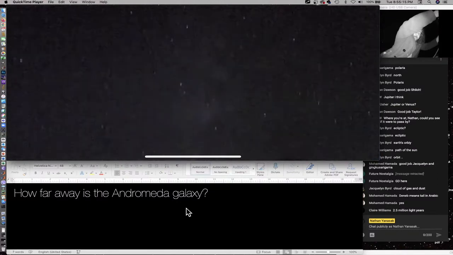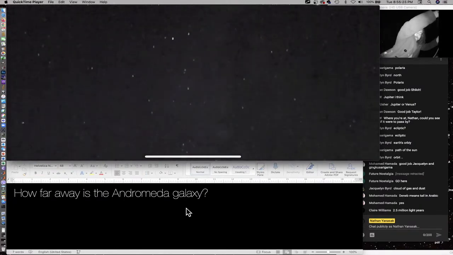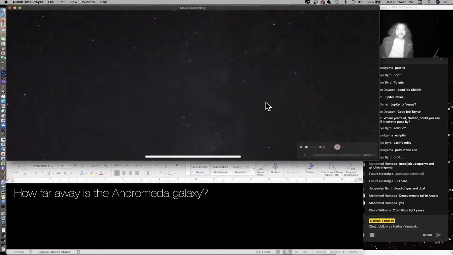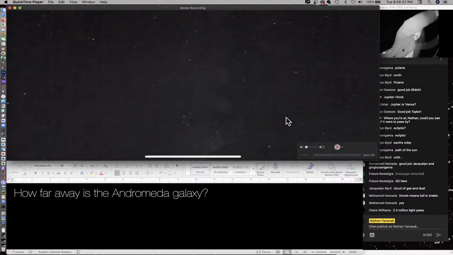And we're going to go up here. Let's see, I got to think about where this constellation is. It's down here. Okay, there it is.